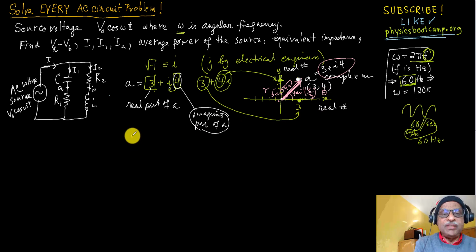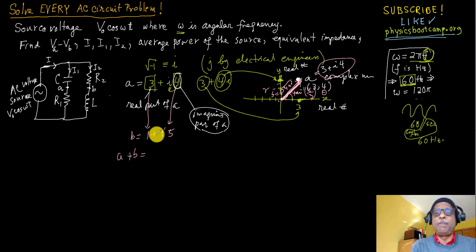When you add, say, B, which is 1 plus i 5, then when we add A plus B, there's going to be a real part and an imaginary part. You can see I have a 1 and 5, so B is that point.